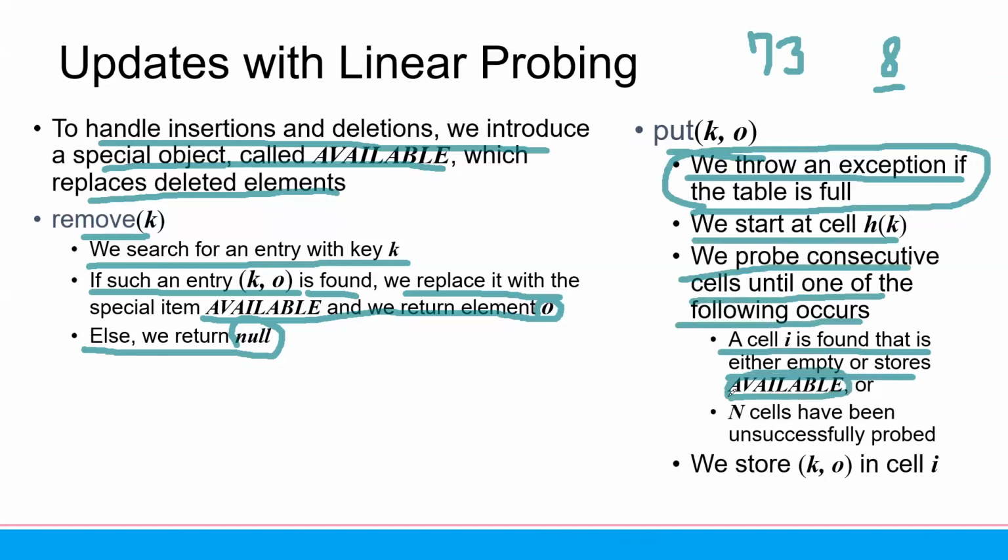What is available? The available is one place or one cell that has been replaced, or that was an item previously deleted. And we can also go until n cells have been unsuccessfully probed. So you go until n times and you cannot find any empty space.